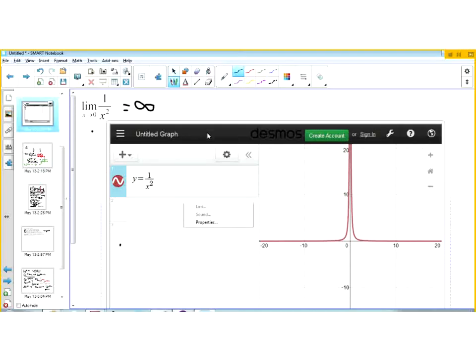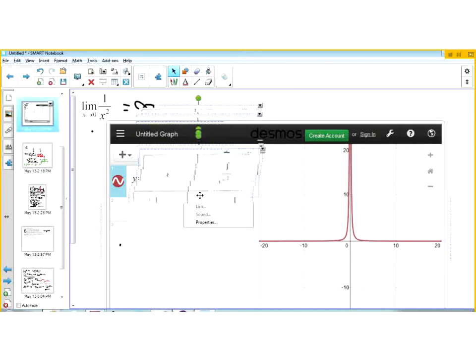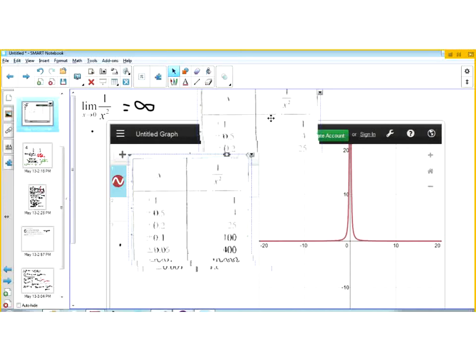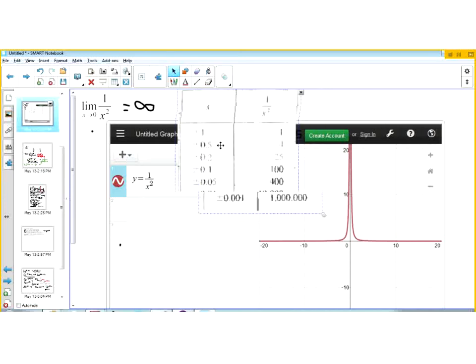Okay, so let's plug in some values. So here's a table for 1 over x squared.